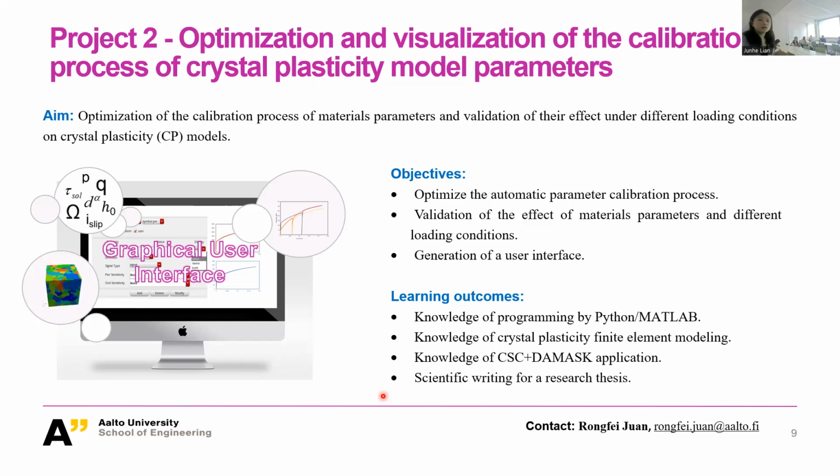Now we need to optimize it again and again, and extend some other functions. The second objective is validation of the effect of the material parameters and different loading conditions.